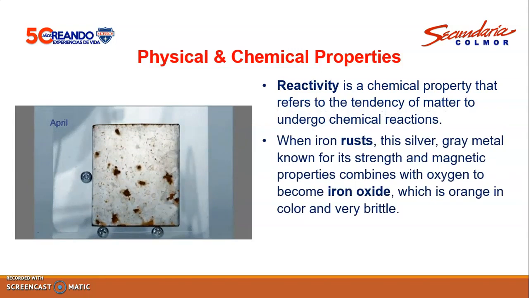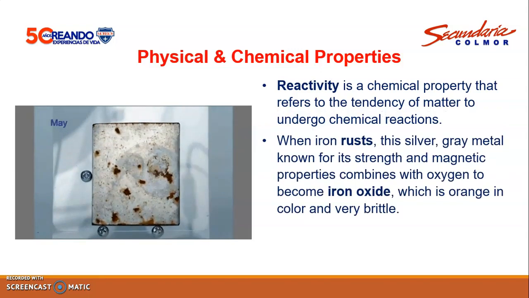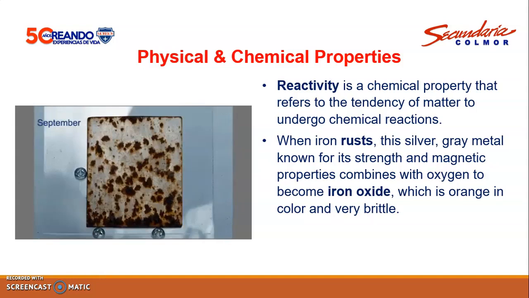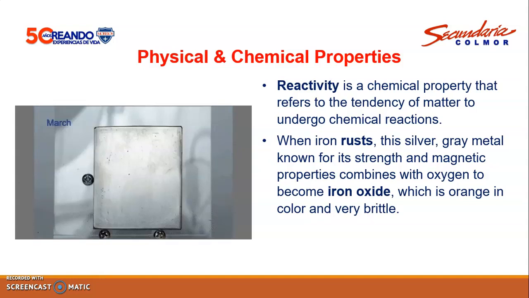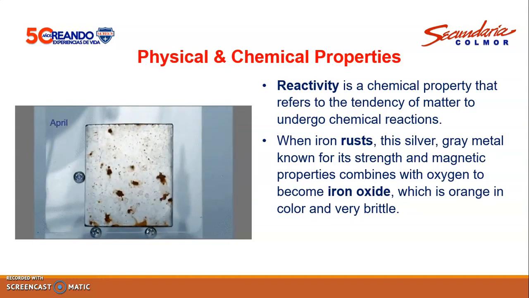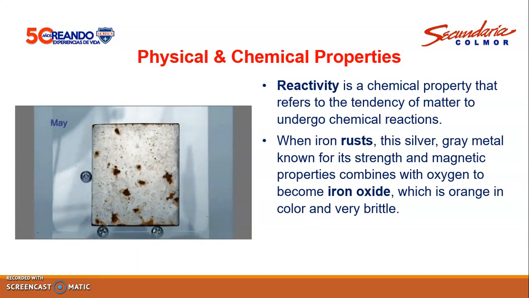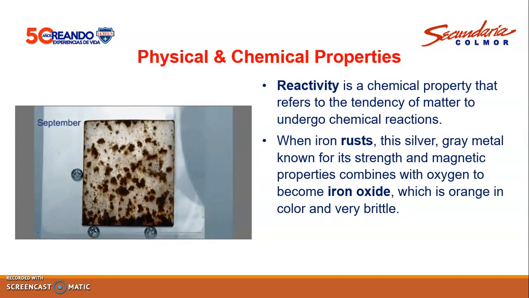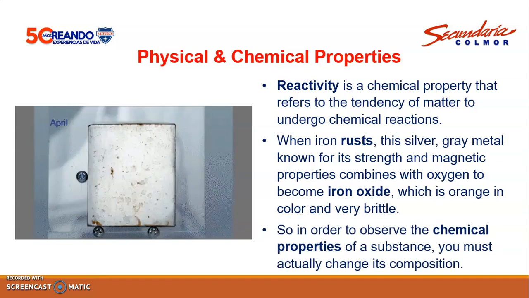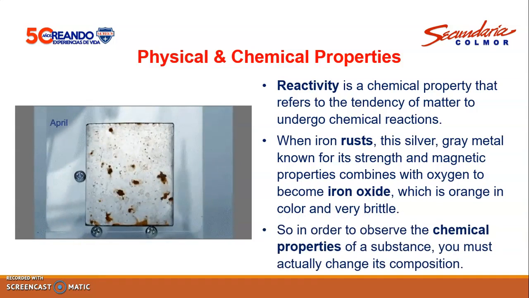For example, when iron rusts, this metal that is color silver, between silver and gray, combines with oxygen to become iron oxide, then it weakens. It is no longer strong, right? And brittle. That means it breaks very easily, as you can imagine and as you can recall.